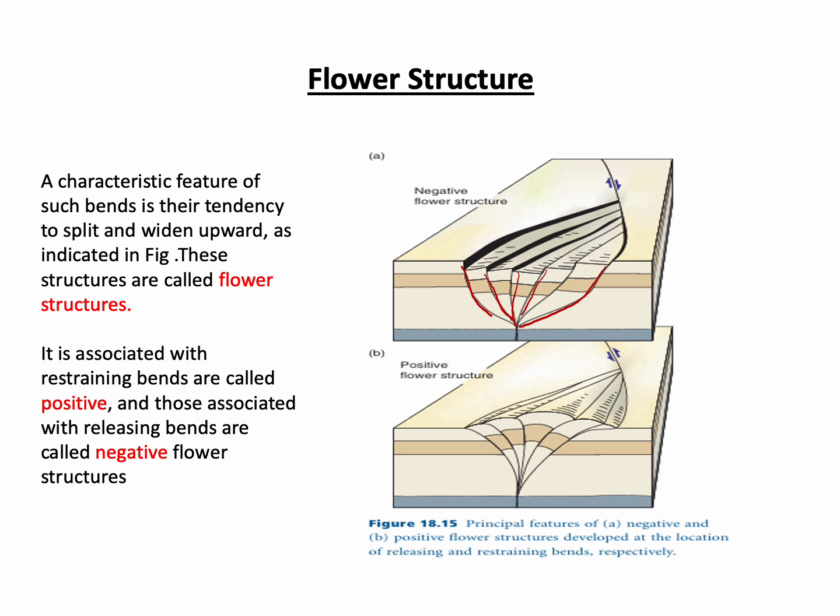This is formed due to the pull-apart basin, as we discussed in the previous slide. Here this is the positive flower structure, formed due to the restraining bend.